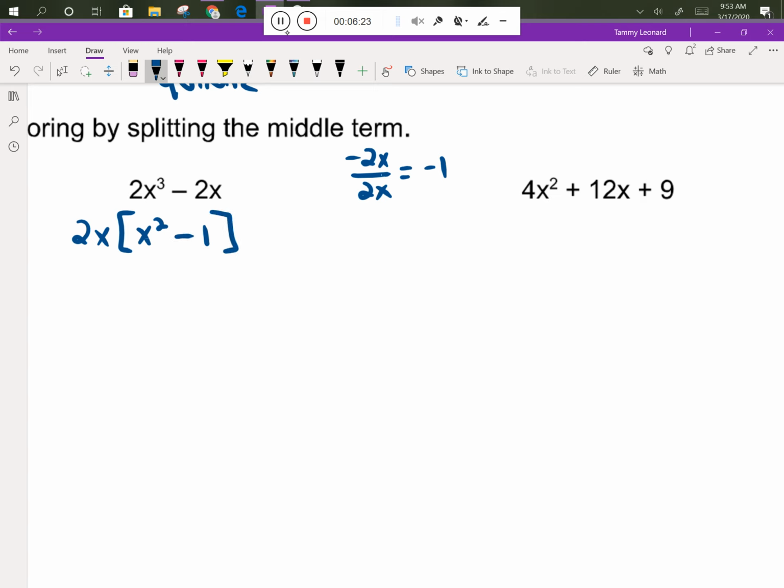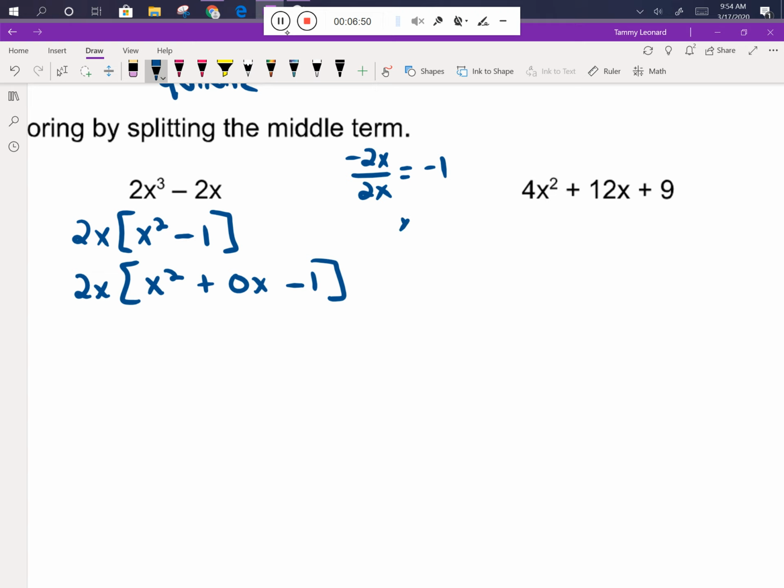All right. Now your first instinct might be, oh, okay, I'm done, because that's only a binomial. But notice that's a special kind of binomial. That's a binomial where the first term is a square and the last term is just a number. We might be able to factor this further if we put a 0x in the middle. So that's what we're going to do. Now we can try to factor what's left using our puzzle.